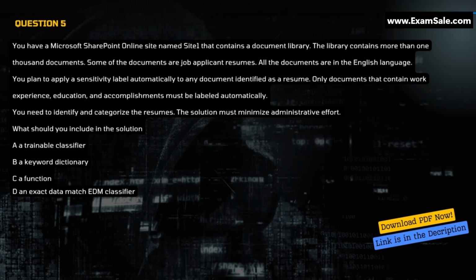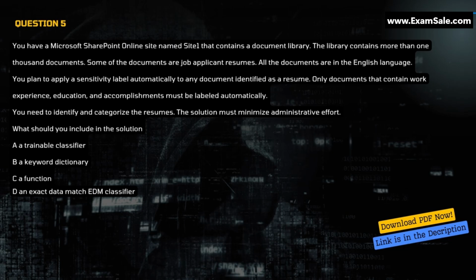Question 5. You have a Microsoft SharePoint Online site named Site 1 that contains a document library. The library contains more than 1,000 documents. Some of the documents are job applicant resumes. All the documents are in the English language. You plan to apply a sensitivity label automatically to any document identified as a resume.